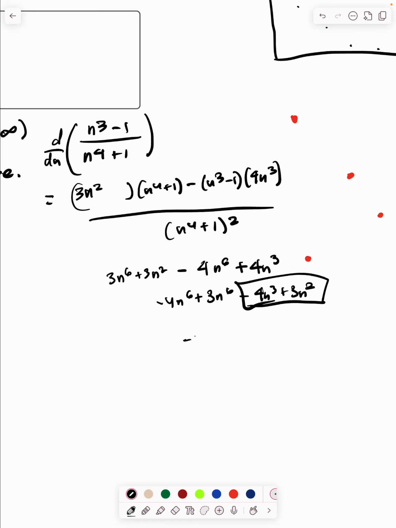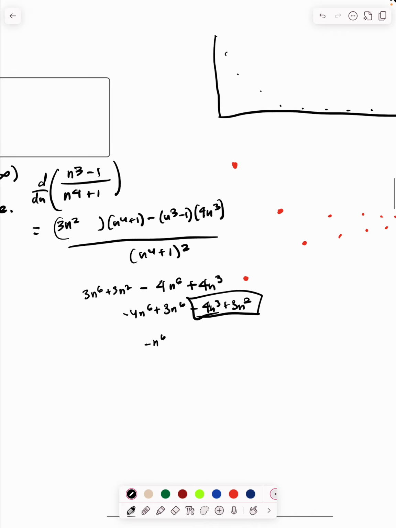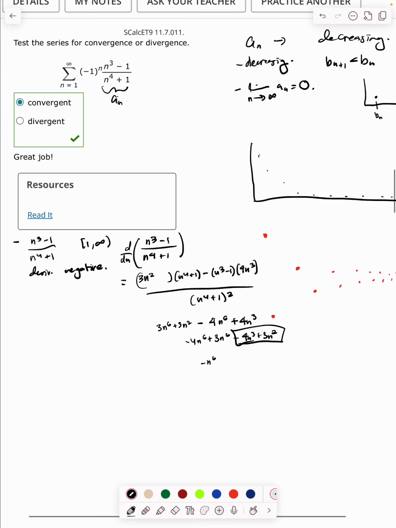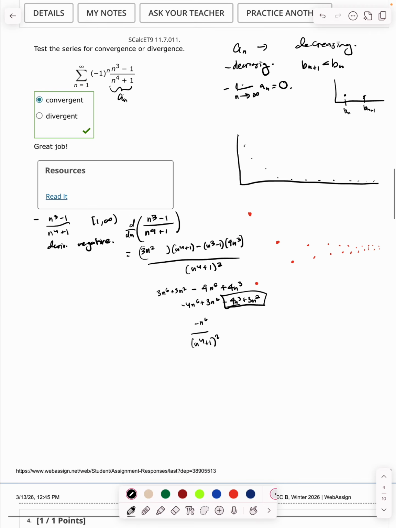If I simplify this, I get negative n to the 6th, and that surely, after some really big n, will overpower the other terms. What does that mean? That means my derivative will always be negative, because this will always be negative. And so the first condition is met.